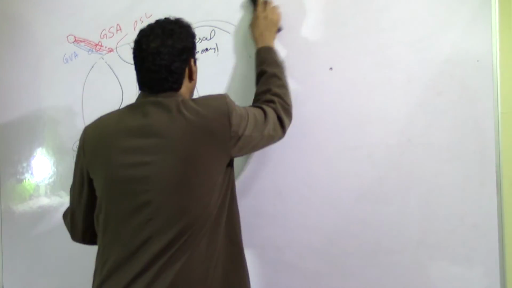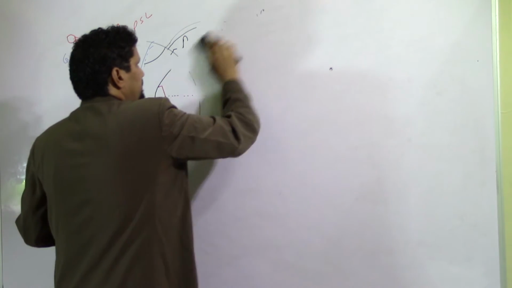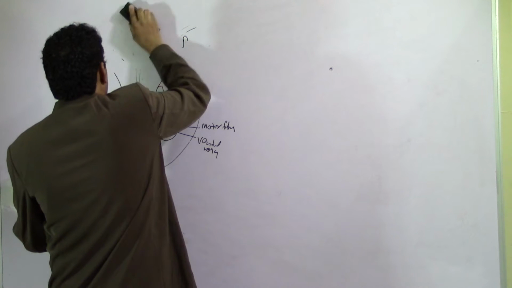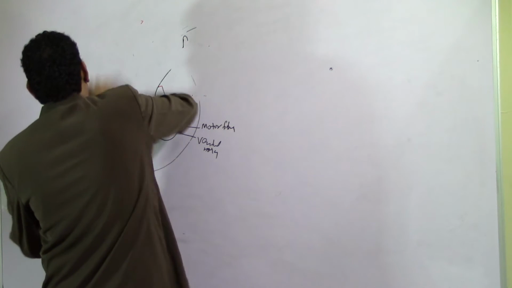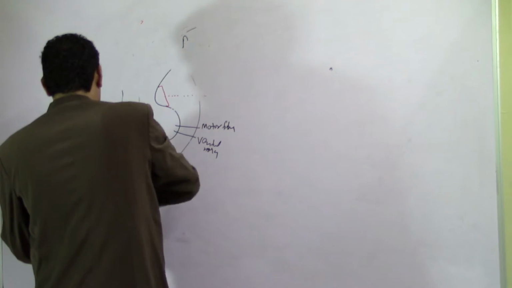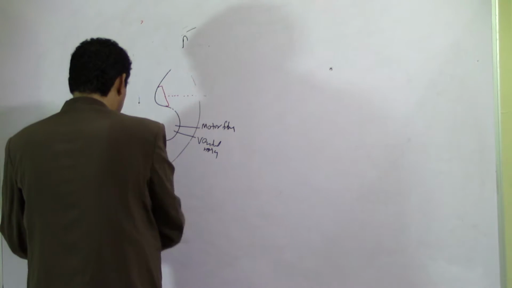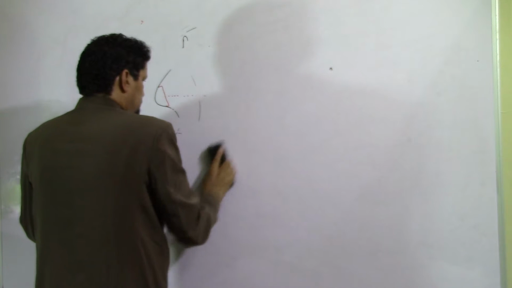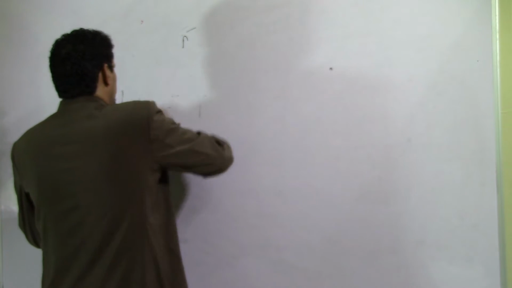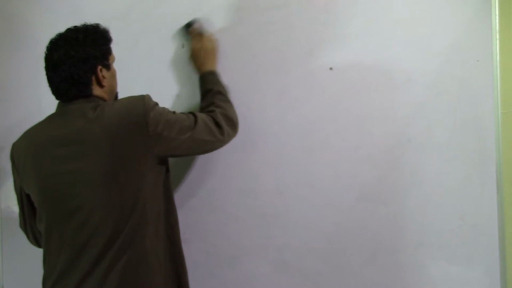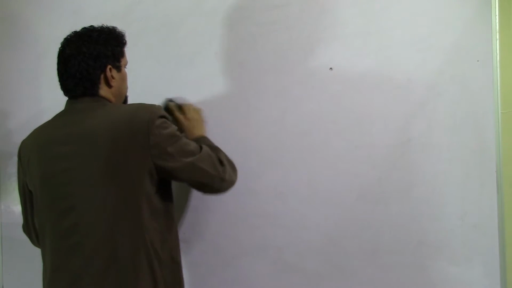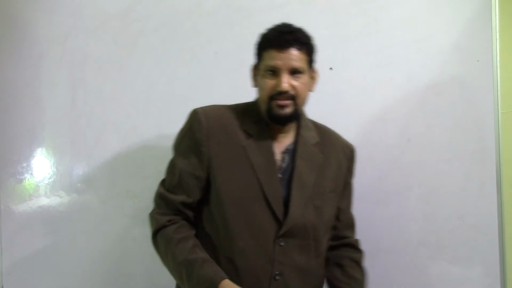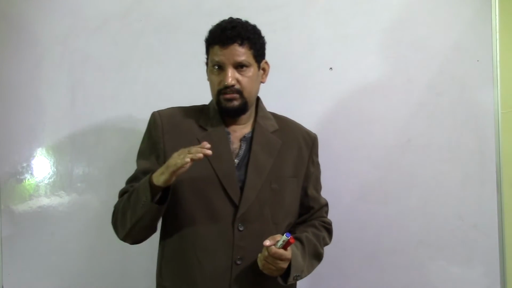Now I will talk about the gross anatomy of the brainstem in a concise and crisp way. As I have already told, the brainstem is formed by medulla, pons and midbrain.